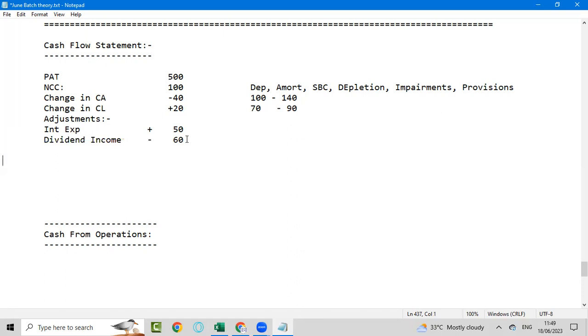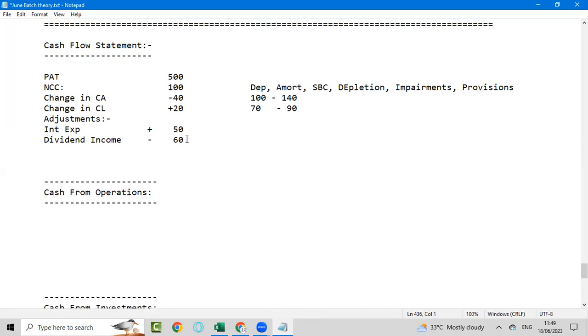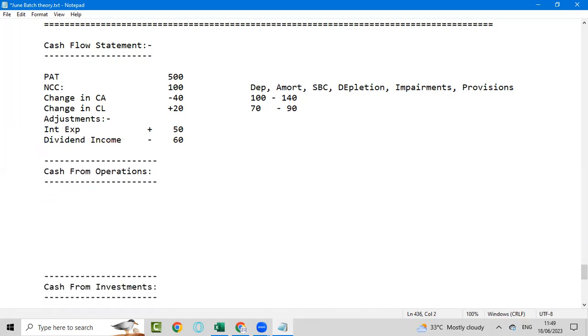Right? So there can be many more items such as gain on sale of assets. So we had an asset of 100. We managed to sell it for 120, or let me make it 130. So 30 rupees is gain on sale of asset.